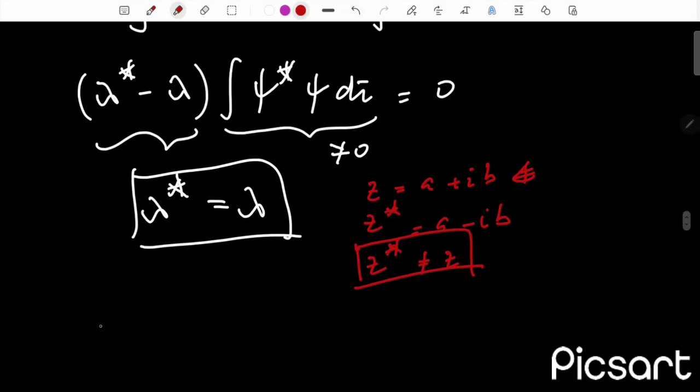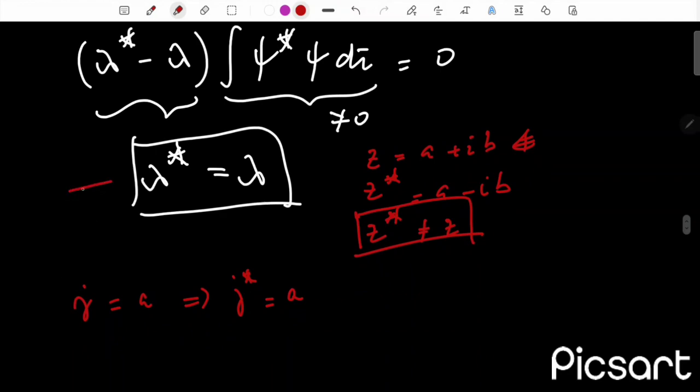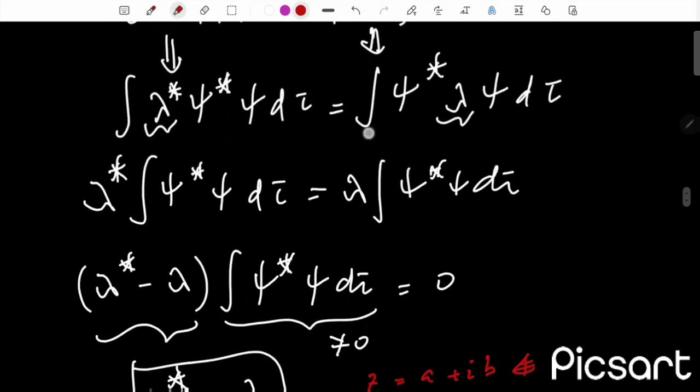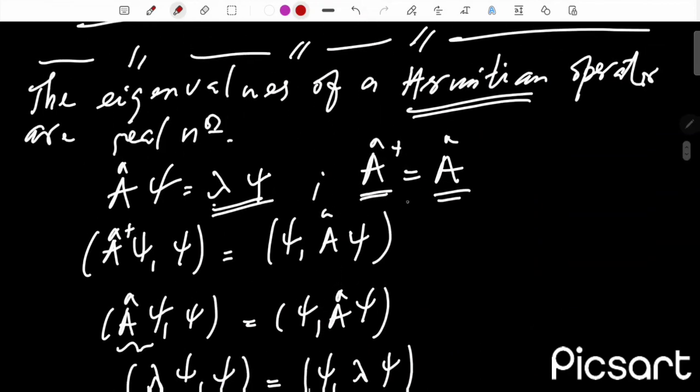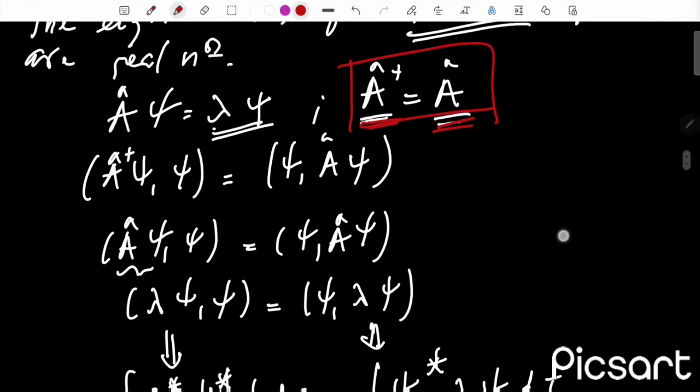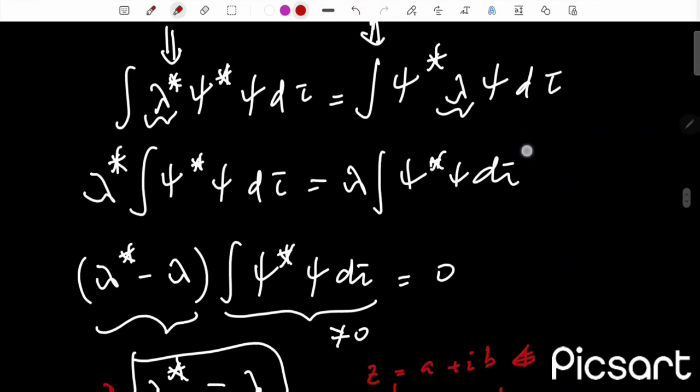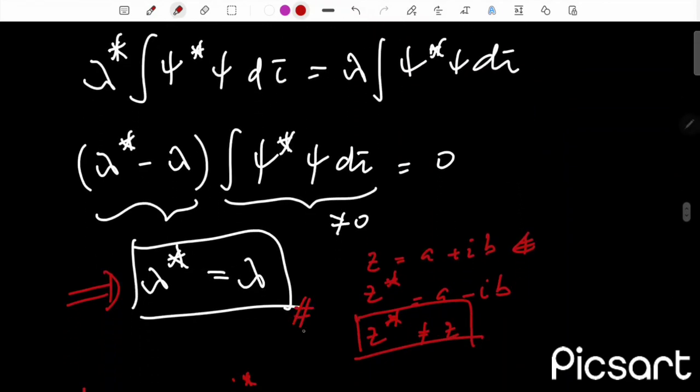But if we have here for example a number j as a real number a, then the complex conjugate of j will be also every time equal to a. This means that we are concluding that if we have A as a Hermitian operator, satisfying this expression, then its eigenvalues will be every time real eigenvalues or real numbers.